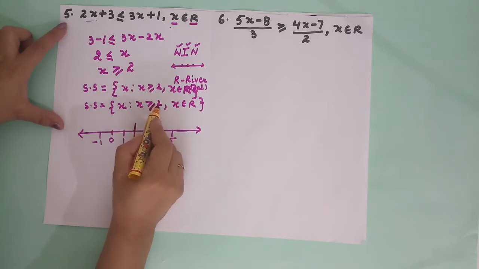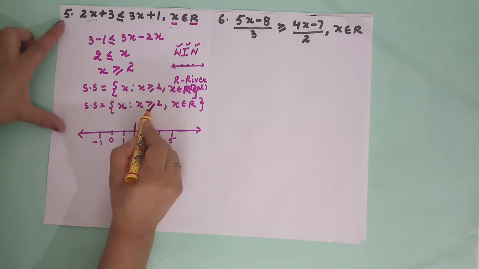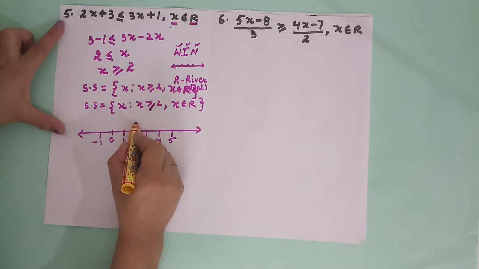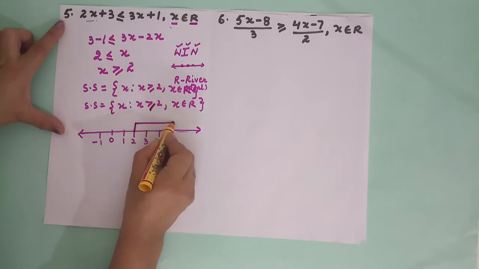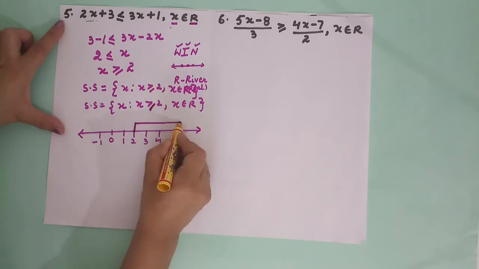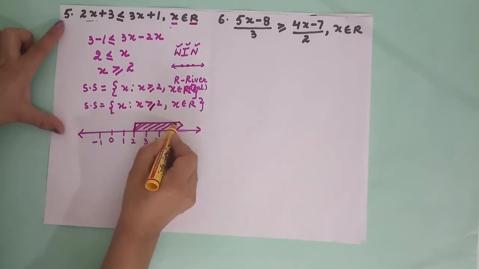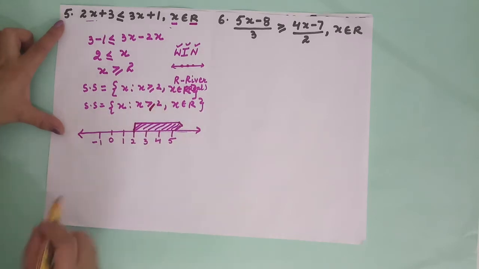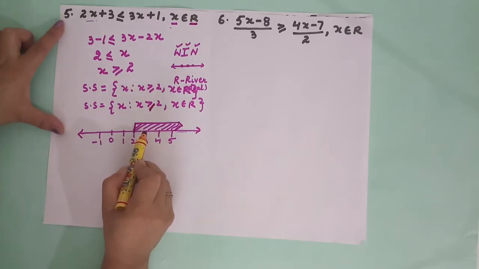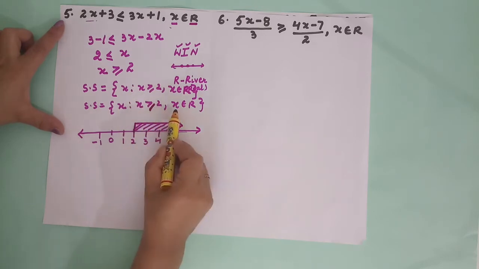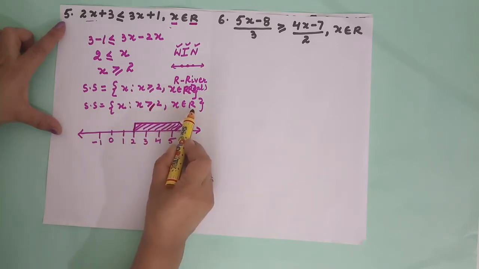So it starts from 2. Now we don't know the end point because it's infinitely going on this side. So we will draw a line like this, make an arrow here and shade that arrow. This means that we have represented x is greater or equal to 2 when x belongs to R.